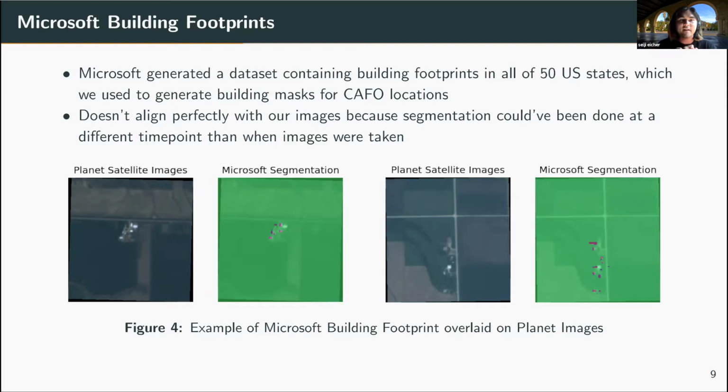And along with that, the segmentations weren't perfect and didn't always align with the images of the locations that we were looking at. So we use them as labeled data, even though they weren't perfect. So it's basically taking somebody else's segmentations and pretending it's ground truth, but it was really effective to train our model.